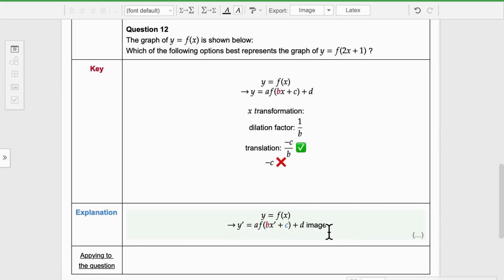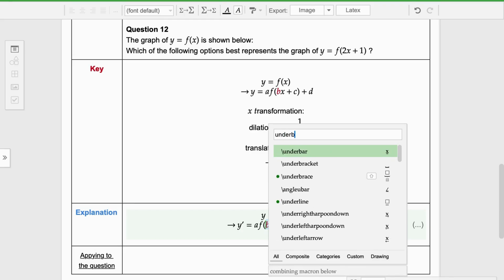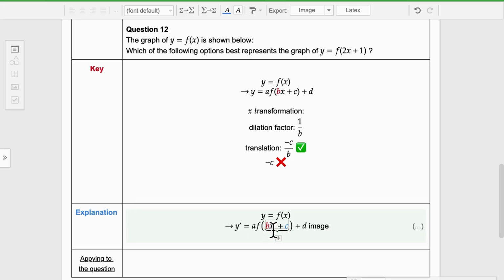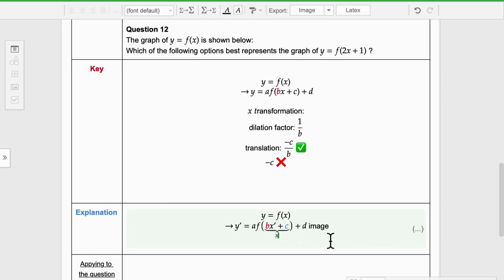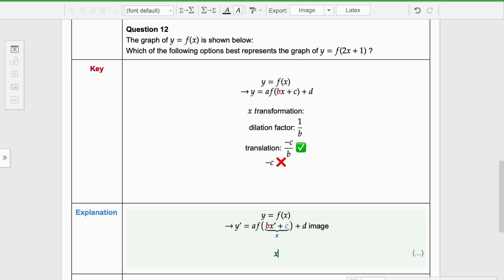The key that we need to understand is that inside the bracket, this part, b times x dash plus c, is actually the original x. Does it make sense? Our original x has been replaced with bx dash plus c. So x equals bx dash plus c.